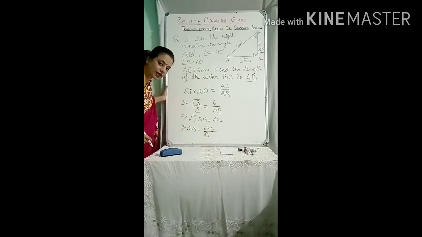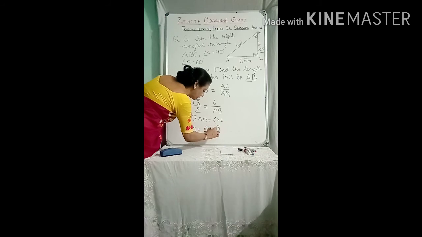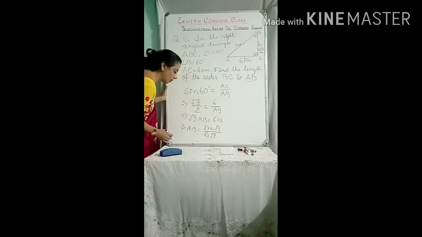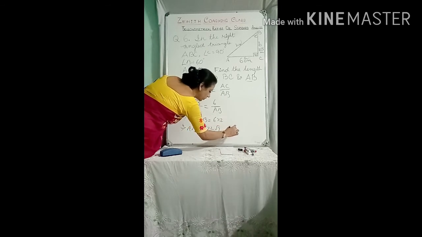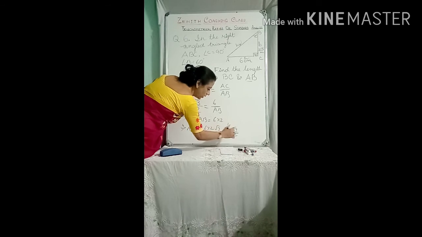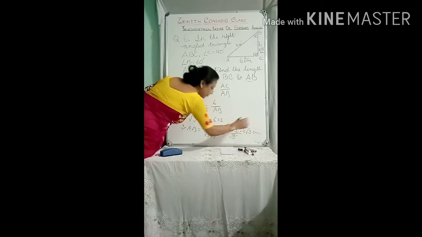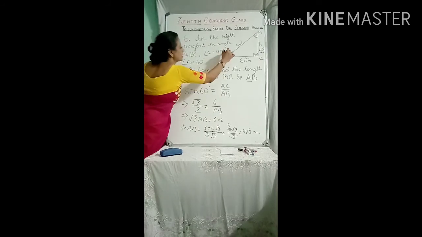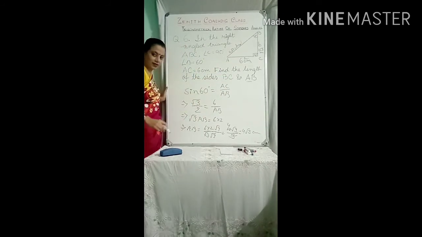Again you have to rationalize the number, so multiply root 3 by root 3 in the denominator and numerator also. So 6 root 3, that is 12 root 3 by 3. So cut, 4 root 3 centimeters. So the value of AB is 4 root 3 centimeters.